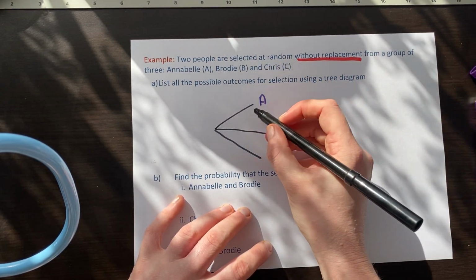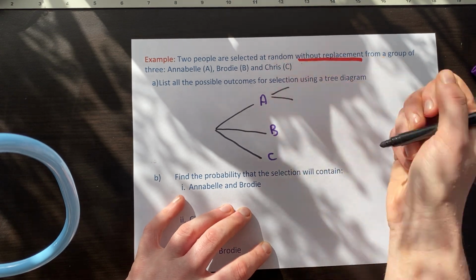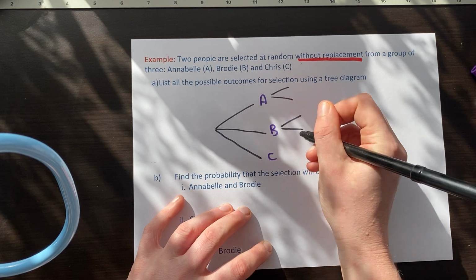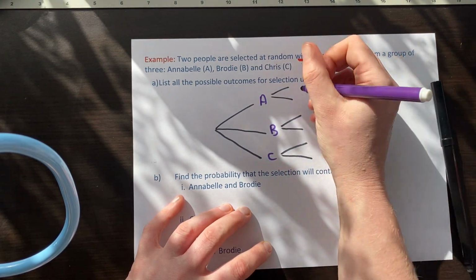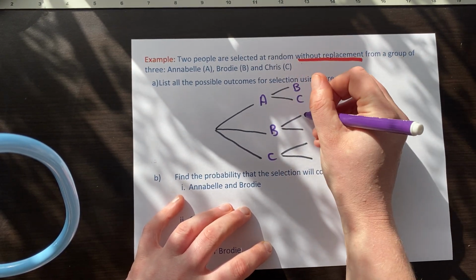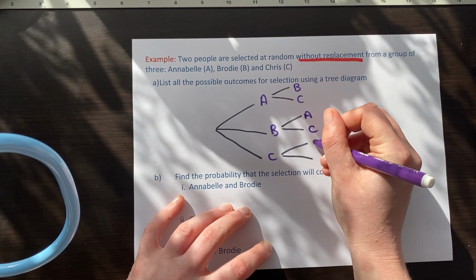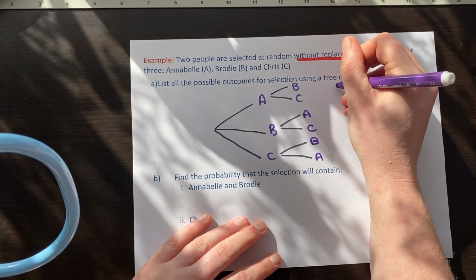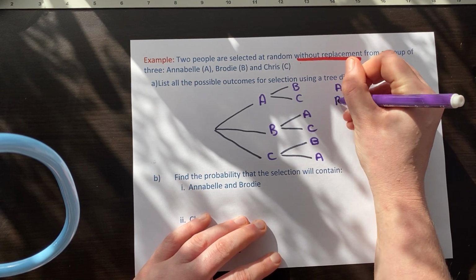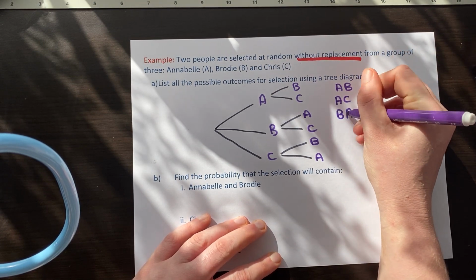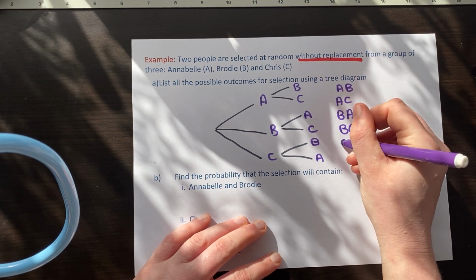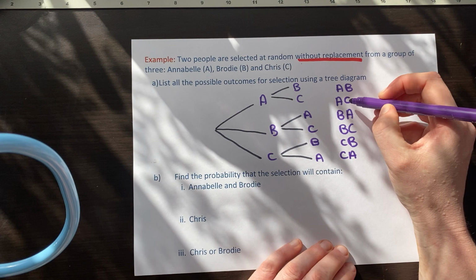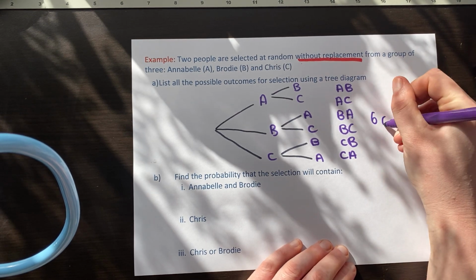If we select Annabelle first, that leaves us with only a choice between Brody and Chris, and we just keep that going. So we've got Brody and Chris left, Annabelle and Chris, and then Brody and Annabelle. Listing our outcomes: A B, A C, B A, B C, C B, and C A. So we have 6 outcomes.